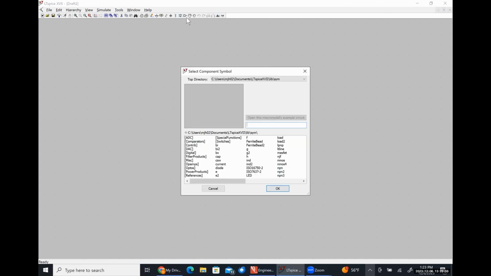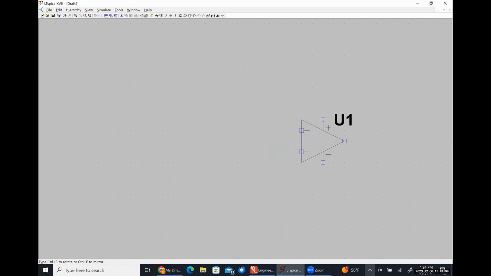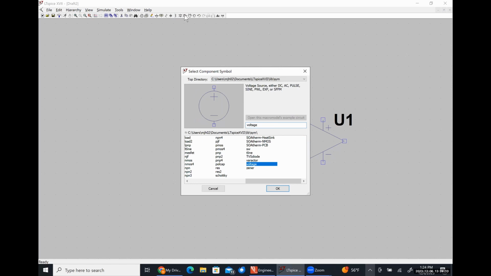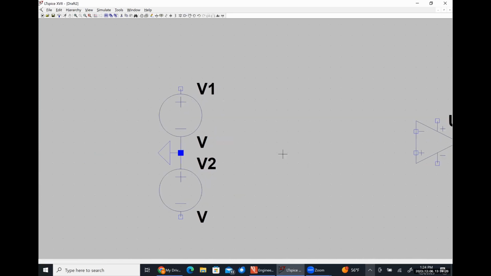Just going to slap something here. As per usual, I'm going to use the universal op amp 2 for my op amp. I'm going to drop it over here. I'm going to set my supply voltages up really quickly. Let's use plus and minus 5 volts just for the sake of argument.